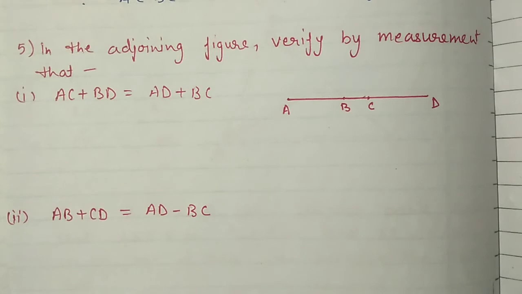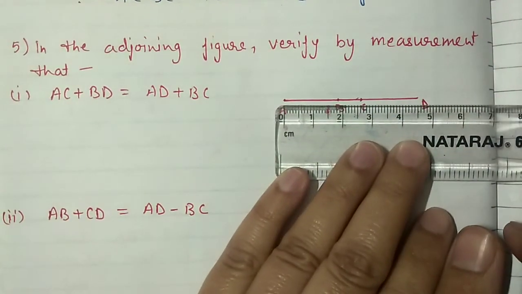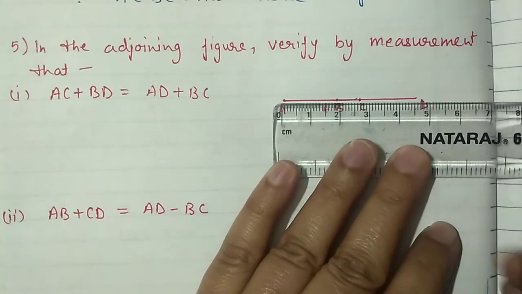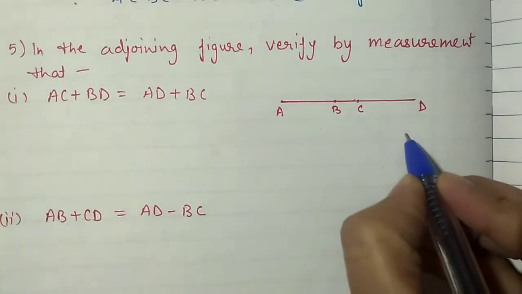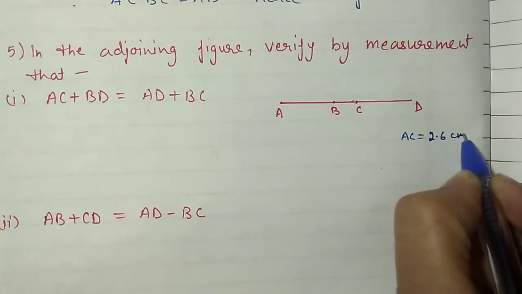Next, question number 5. In the adjoining figure, verify by measurement that AC plus BD is equal to AD plus BC. So first we will measure this one and then we will substitute the values. So here AC is, you can see A to C it is 2.6. We will write here nearby. AC is 2.6 centimeter.